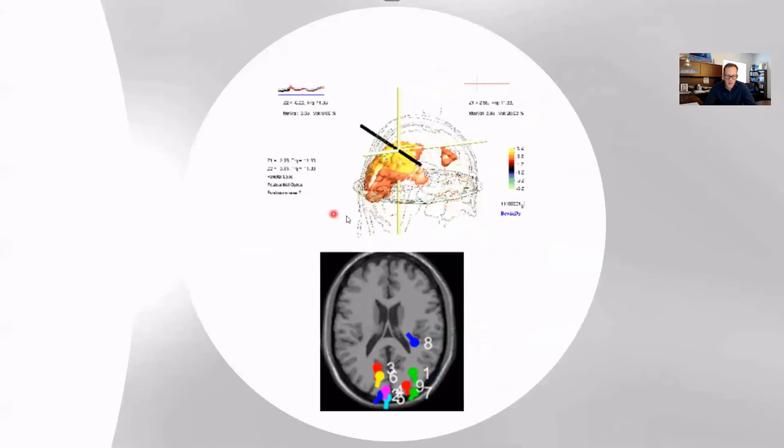And there was another sLORETA that was actually in the right parietal location, which matches much closer to these dipoles. So if you have any concerns about the localization, sLORETA and dipole localization almost always match. But the dipoles give us more detailed information of multiple specific locations and enable us to measure connectivity across those locations.